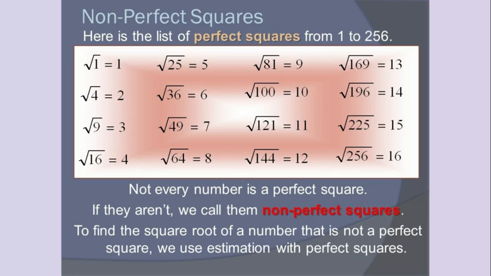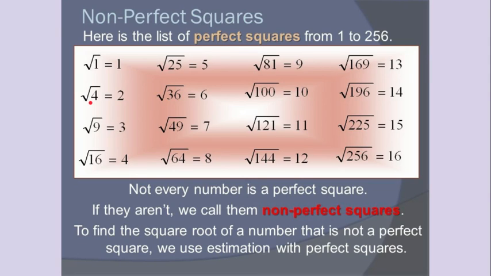So don't think that any number that has the square root symbol over it is going to be irrational, because that's not true. If you take the square root of these perfect squares, they're rational. So this is where you need your calculator to help you. Any number in between these is irrational. So if I have the square root of 2 or the square root of 3, if I took the square root of them in a calculator, I would end up with these non-repeating, non-terminating decimals. Therefore, they're irrational.